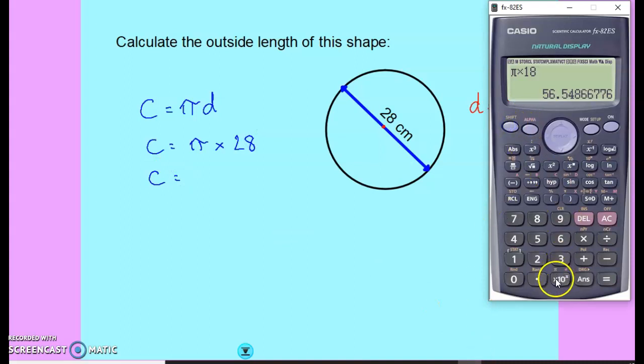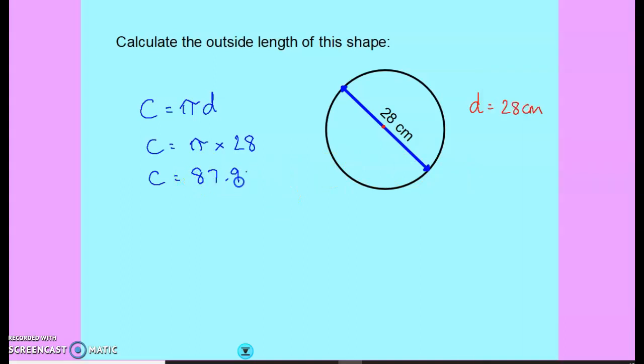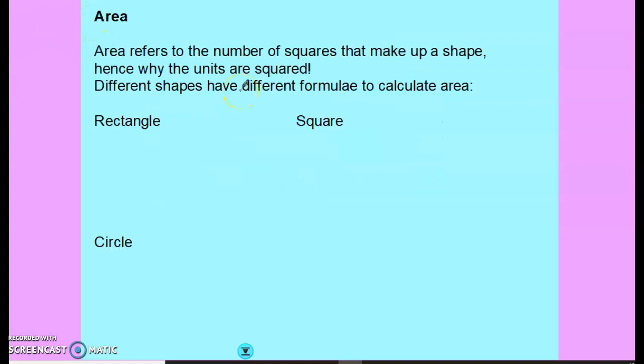If you're using 3.14, just write 3.14 instead of pi. Pi times 28 is 87.96459, which to 2 decimal places is 87.96 centimetres.